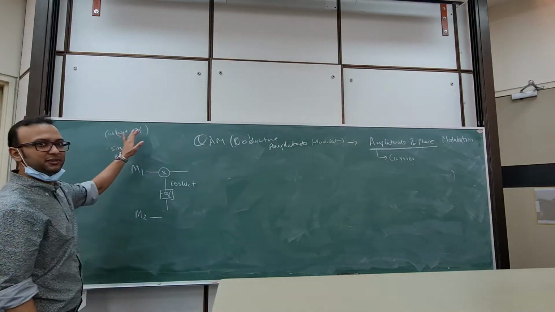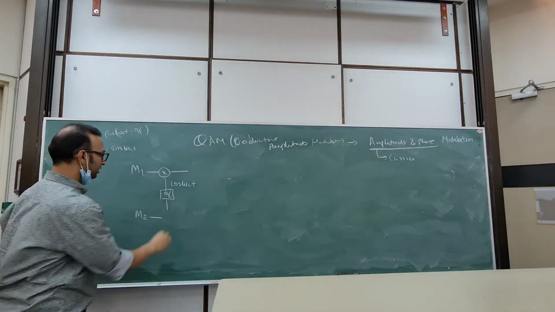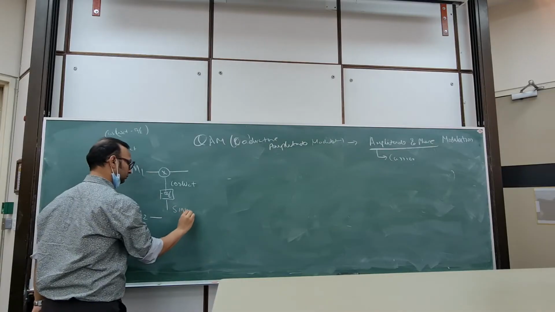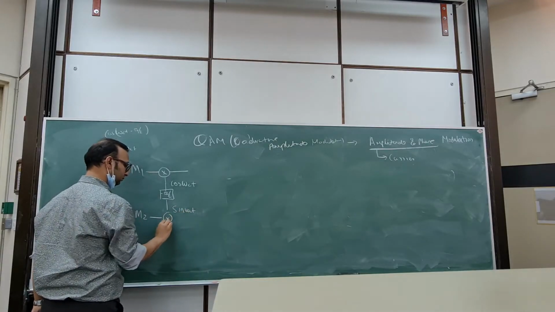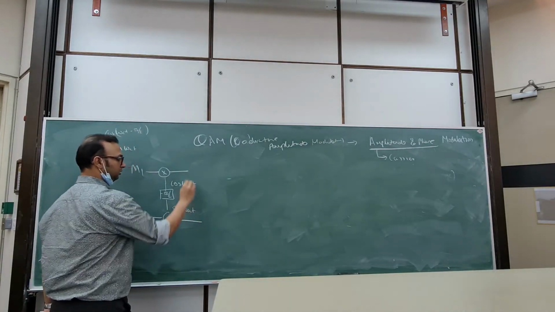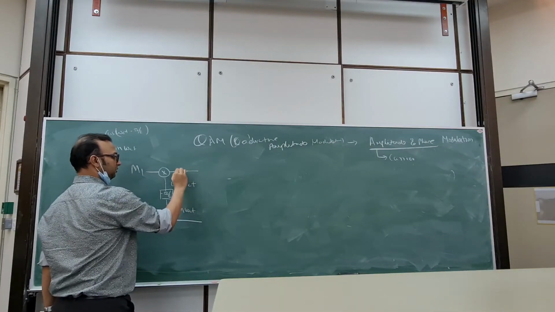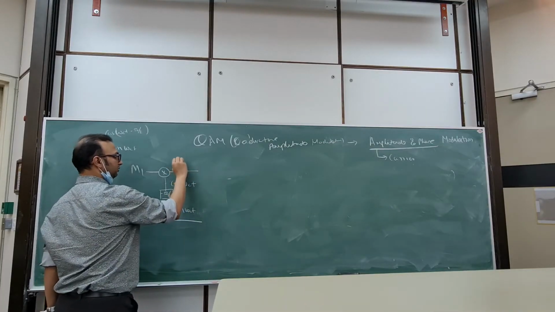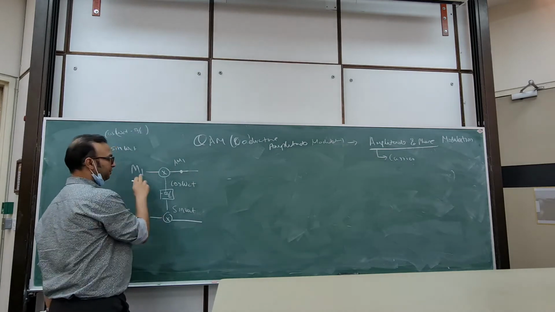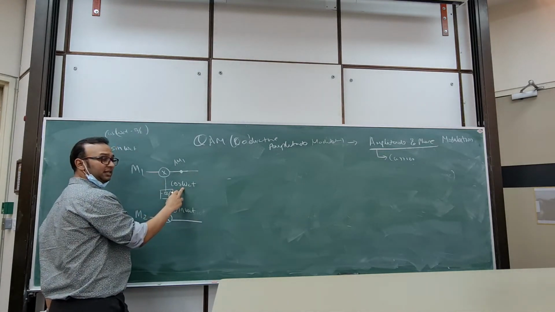It's cos(A minus B), so cos A cos B and so on. So you have sine. So this is AM1. AM1 is message 1 multiplied by cosine omega ct.